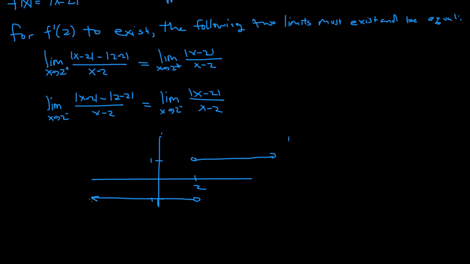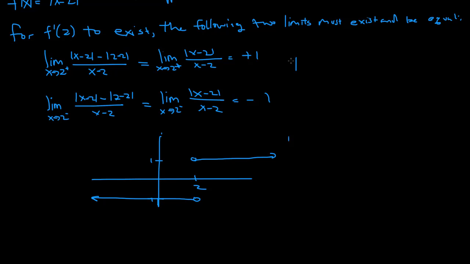So for any x value less than 2, this is going to give you a negative 1. So we would say that's positive 1, and that is negative 1. So the limit from the left is not equal to the limit from the right.